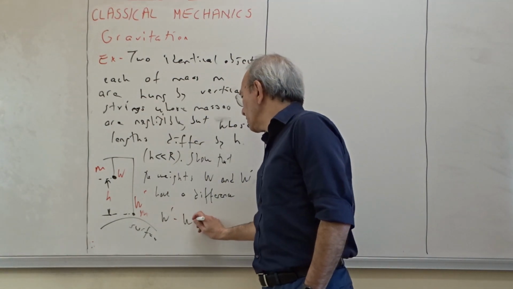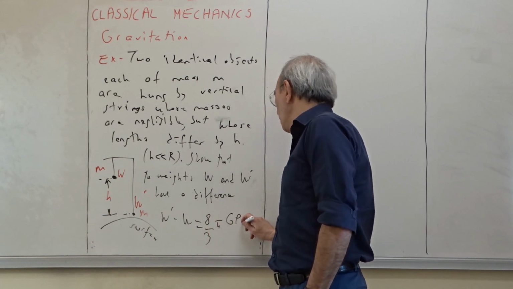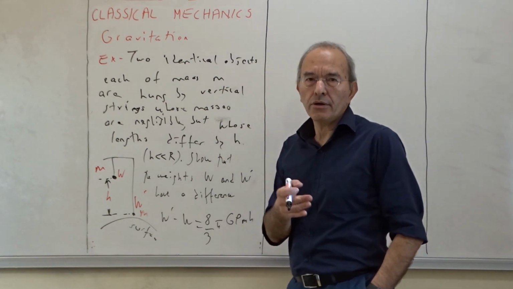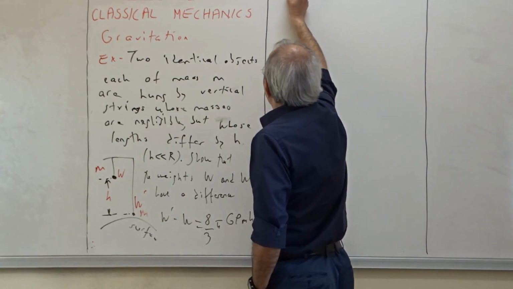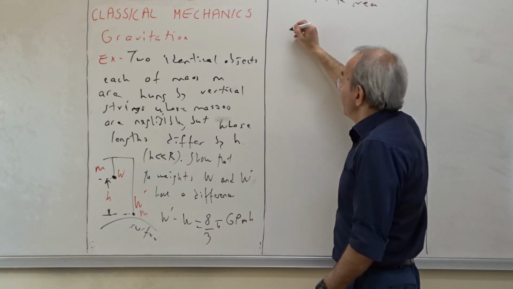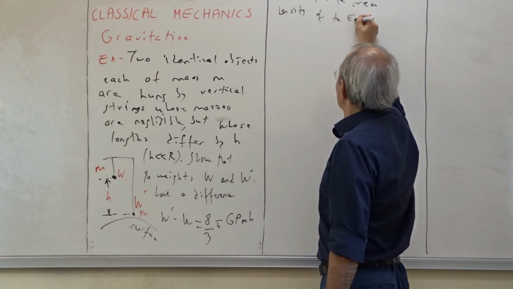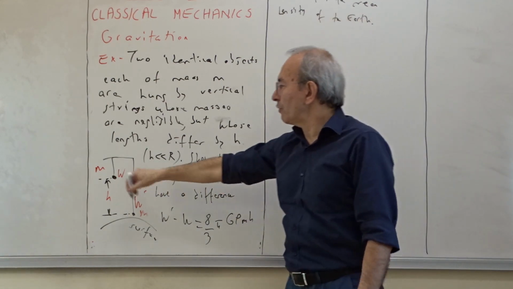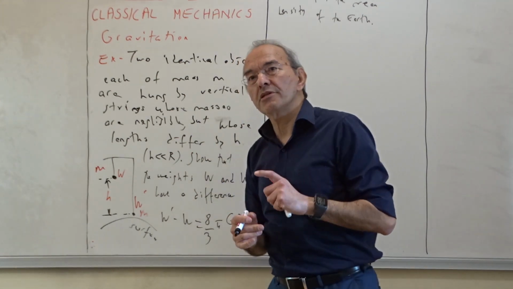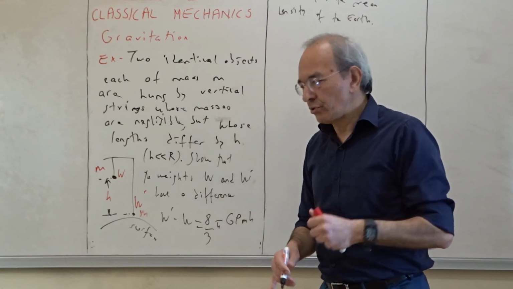So W prime minus W is 8 over 3 pi G rho m h, where rho is the mean density of the Earth. m is the mass of each of them. h is the vertical distance between these two objects. And G is the universal constant of gravitation.